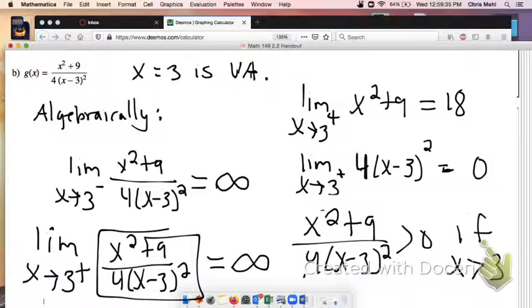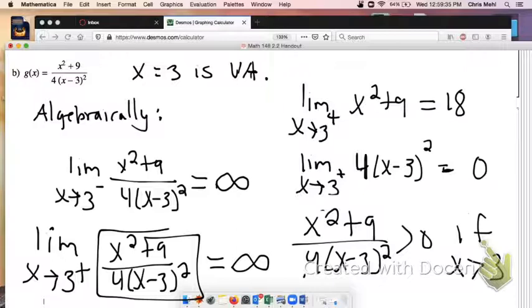If the top approaches a non-zero number and the bottom approaches 0, as long as that fraction has the same sign as you approach 3 from the left or right, so like notice here that whether you approach 3 from the left or right, that function is positive. Since the top approaches something non-zero and the bottom approaches 0, that means the fraction is getting larger and larger, but it's always positive.